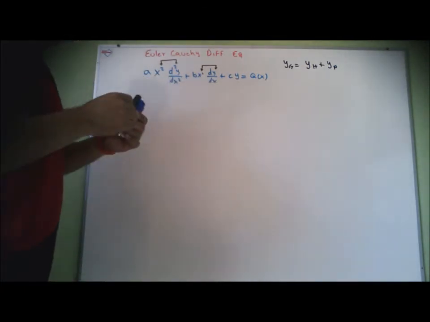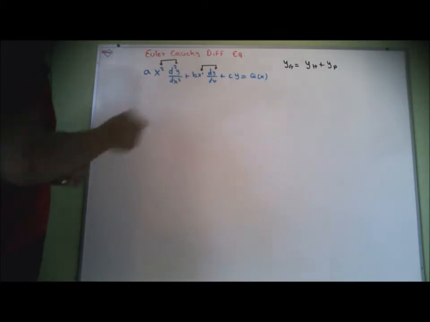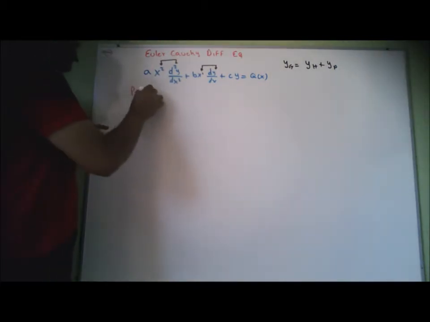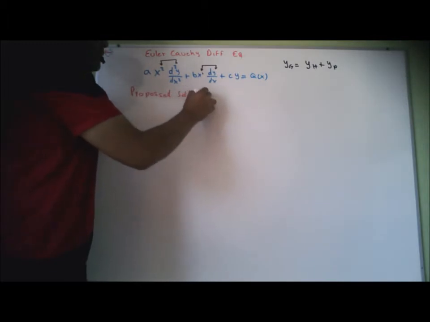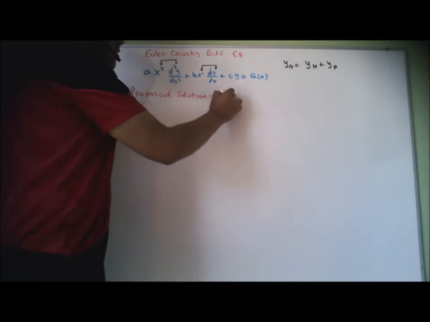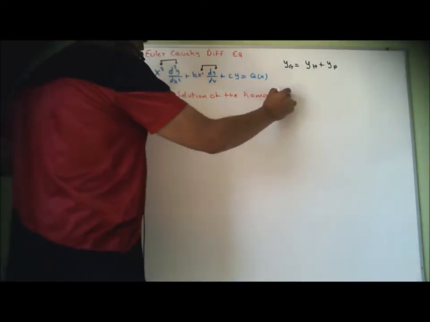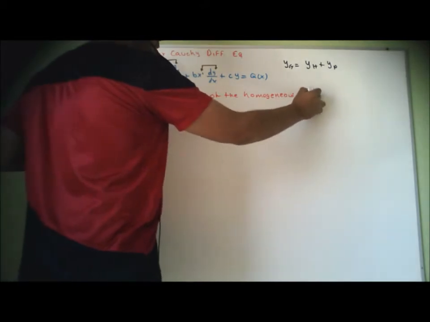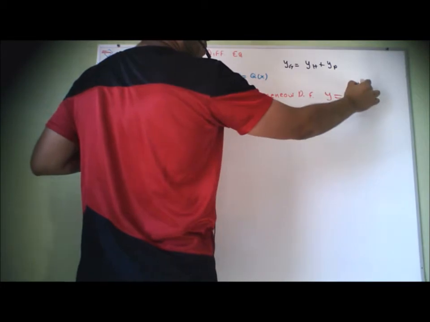Okay, now, here the story is going to be a little bit different from the previous videos. The proposed solution of the homogeneous differential equation is going to be y equal to x to the power of m.